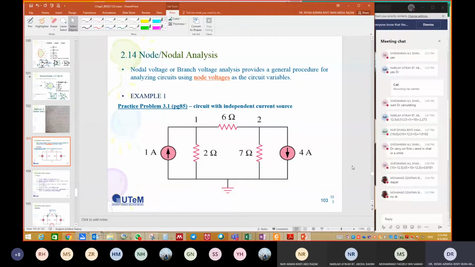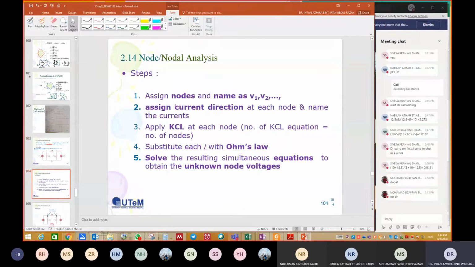So these are the steps. The first is to assign nodes and name them V1, V2, and so on. The second step is to assign current direction at each node and name the currents. The third step is to apply KCL at each node. So the number of KCL equations is equal to the number of nodes.